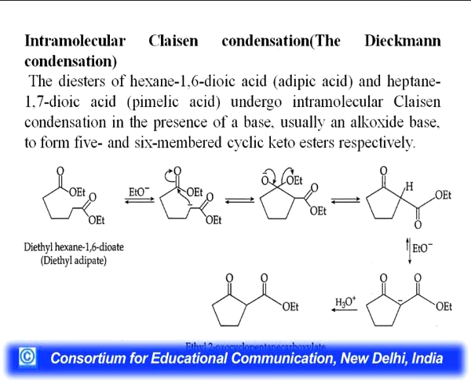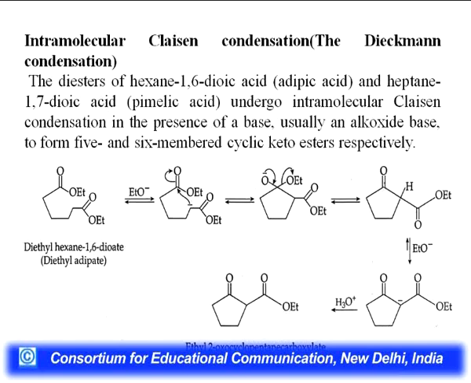Next is the intramolecular Claisen condensation. It is also known as the Dieckmann condensation. The diesters of hexane 1,6-dioic acid, that is adipic acid, and heptane 1,7-dioic acid, that is pimelic acid, undergo intramolecular Claisen condensation reaction in the presence of a base, usually an alkoxide base, to form the 5 and 6 membered cycloketoesters respectively.